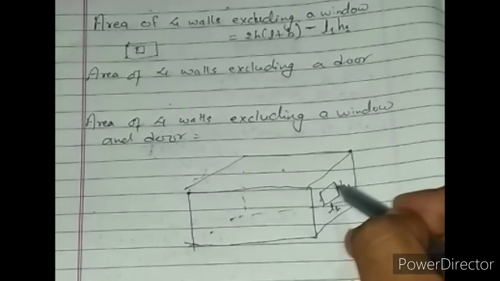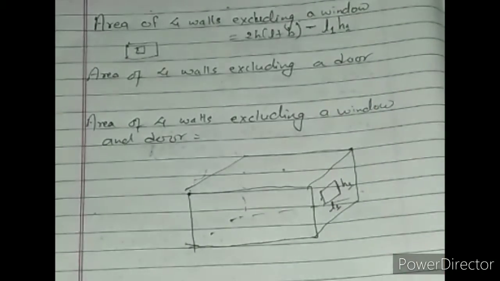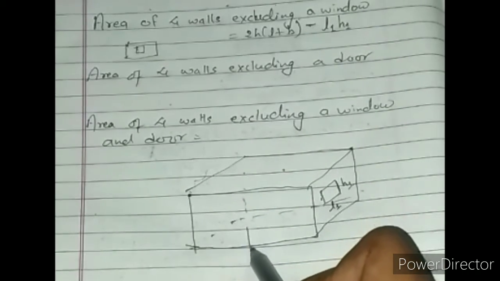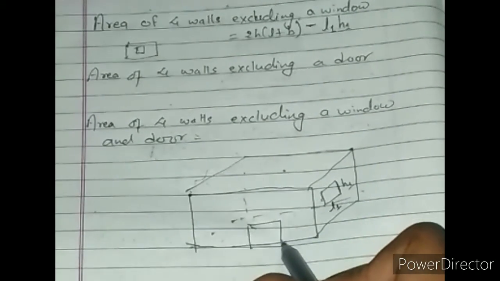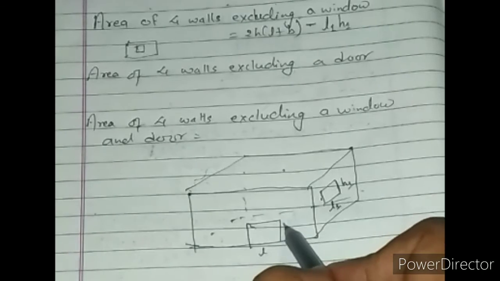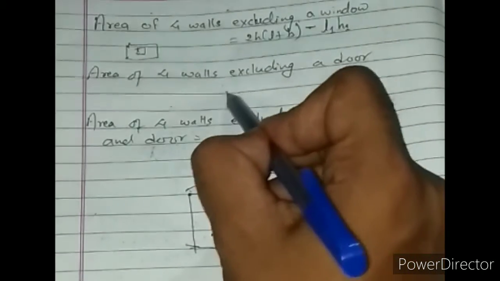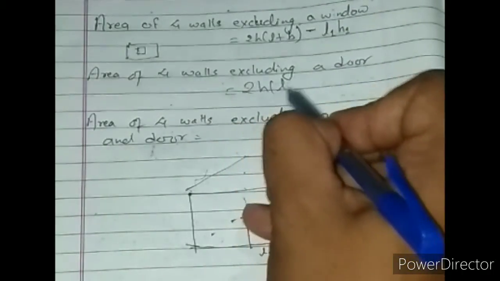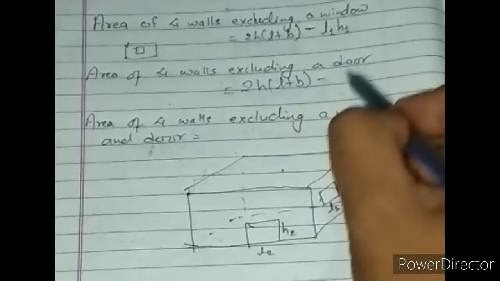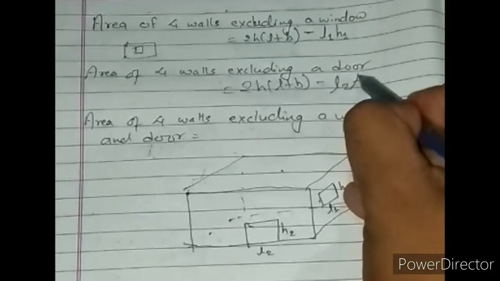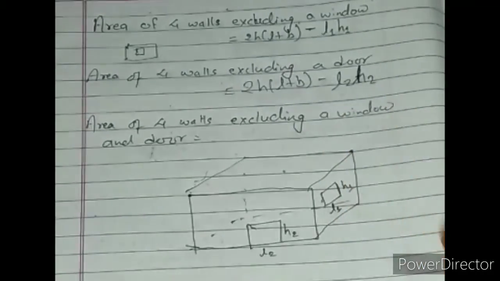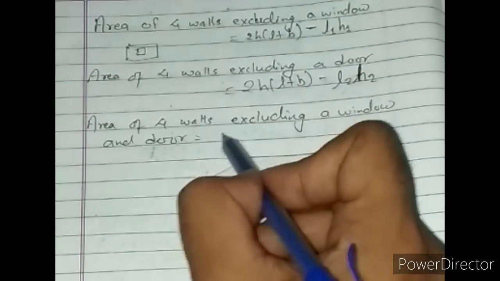Then we have to find the area of the window and subtract. Similarly for a door, length and height will be given, let it be L2 and H2. Same formula, 2H(L plus B) minus, and the area of the door we have to subtract.